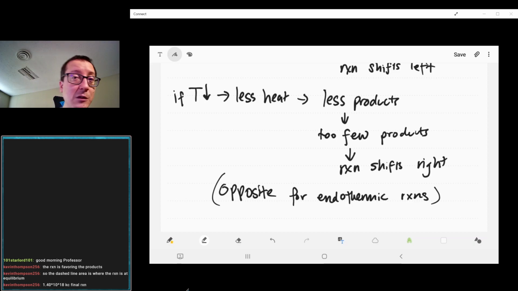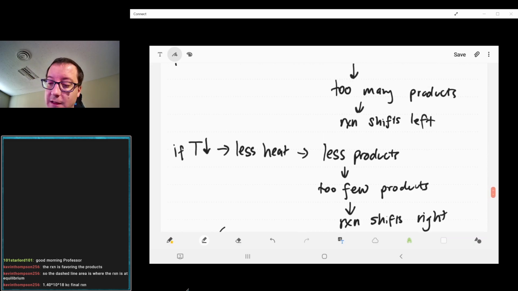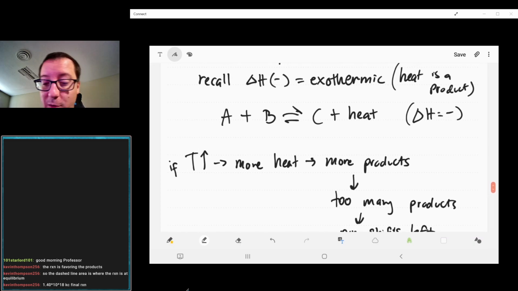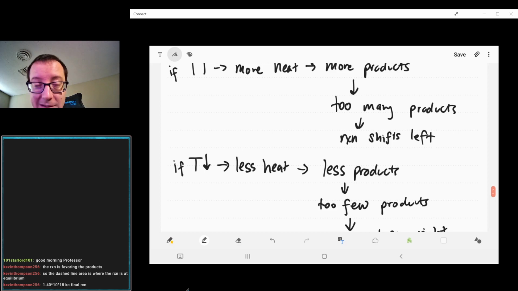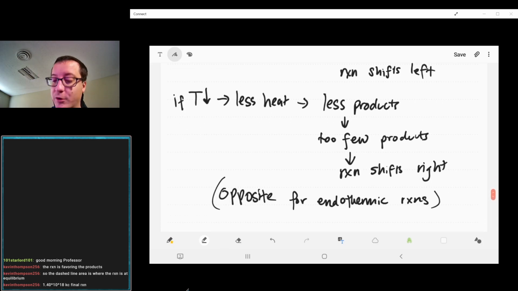And since these are reversible reactions, increasing the temperature will just make it go back and forth more quickly on either side. However, if you're looking at the heat as part of your reaction, cooling it is going to still shift it to the right. So ignoring rates for now, you're going to end up producing more of your product in order to compensate for that loss of heat, which is a different product in your reaction.